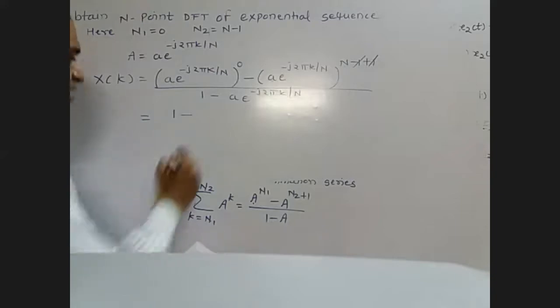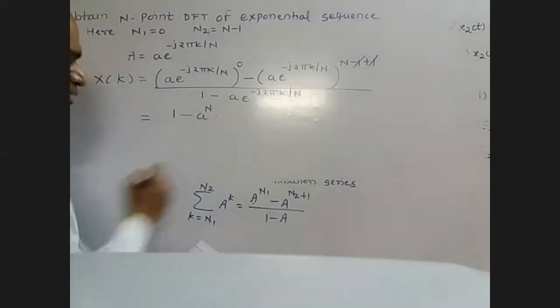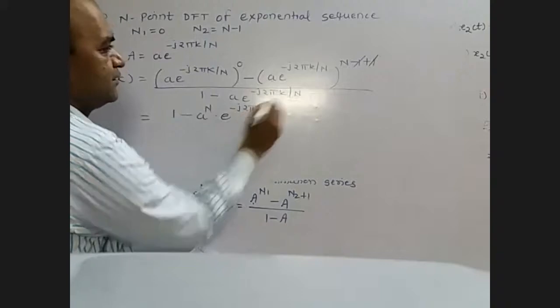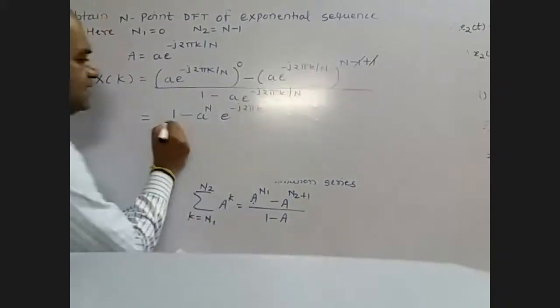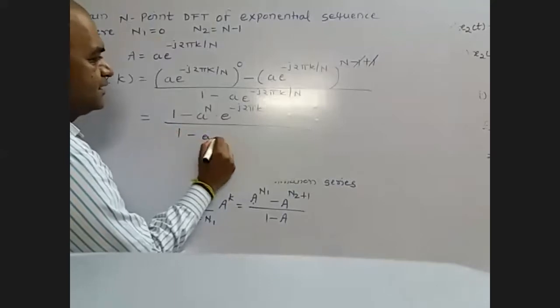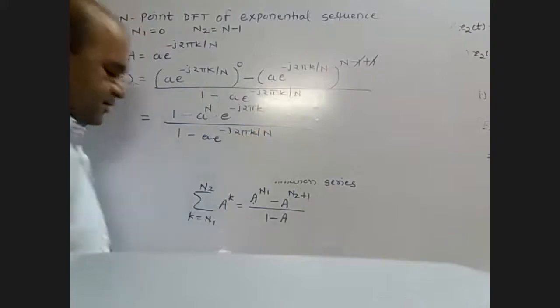Okay. So I write here a raised to n into e raised to minus j 2 pi k. Okay, n and n both get cancelled, and at the denominator the same case will be coming, a e raised to minus j 2 pi k by n.